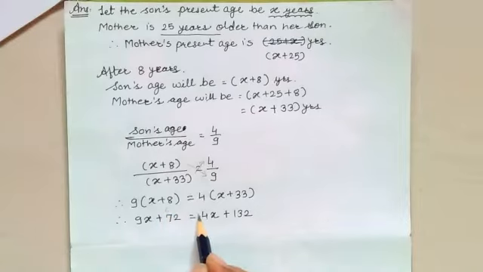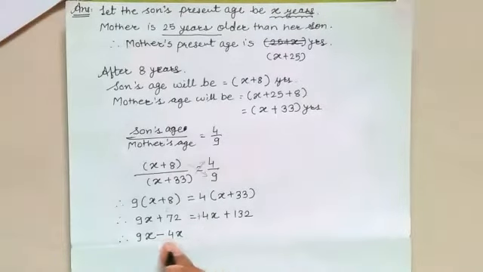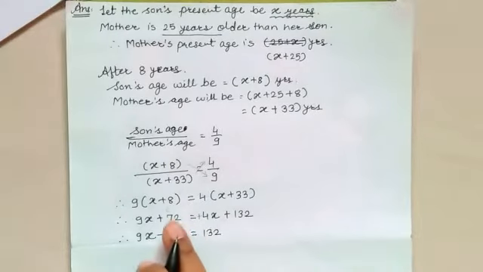Now here it is having an addition symbol, so while sending it to the opposite side, it will become negative. Therefore, 9x minus 4x. This plus 4x will become minus 4x. Symbol of is equal to as it is, the 132 will be here, and this 72 is smaller than 132.